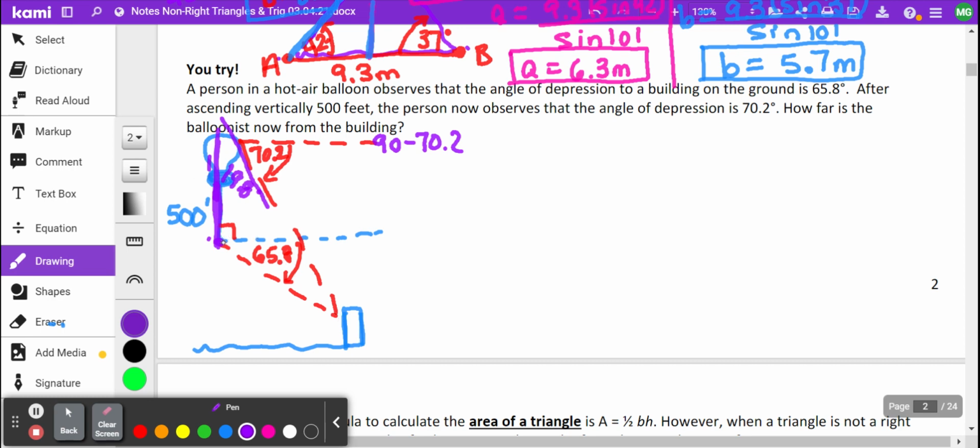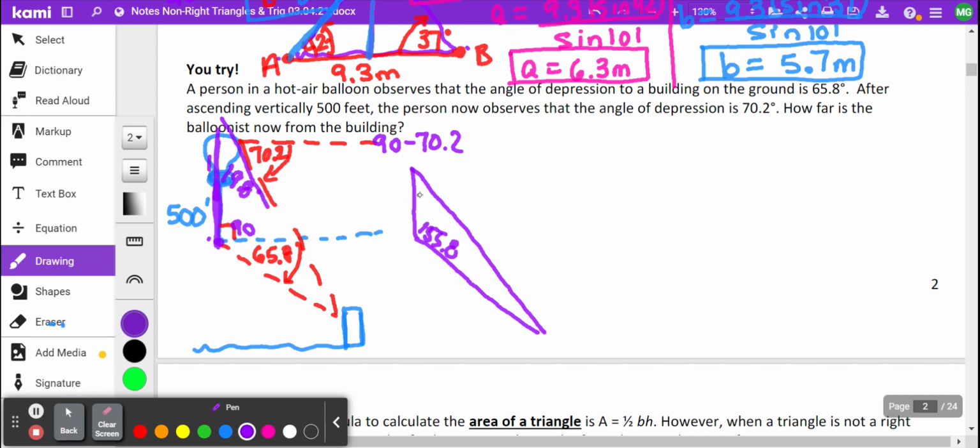Well, when it floated straight up off the horizontal, that was 90 degrees. That gives us a 90-degree angle there, which means we essentially have a triangle that looks like this. Kind of redraw it. Where this angle right here is 90 plus 65.8, which is 155.8.